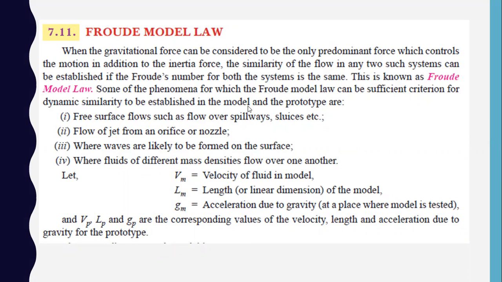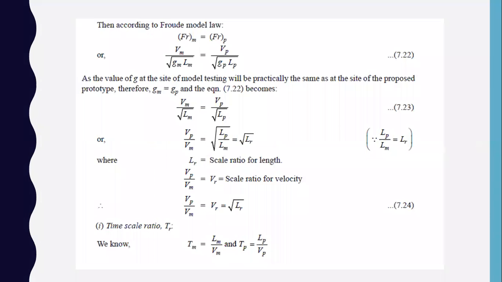So Vm will be the velocity of the fluid in the model, Lm will be the length of the model, and Gm will be the acceleration due to gravity. Likewise, Vp, Lp and Gp are for the prototype. We just substitute these terms in the Froude number: Vm divided by root of Gm into Lm, and likewise Vp divided by root of Gp into Lp.